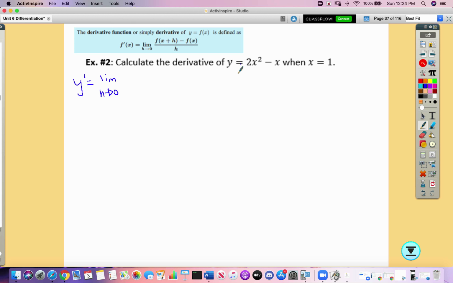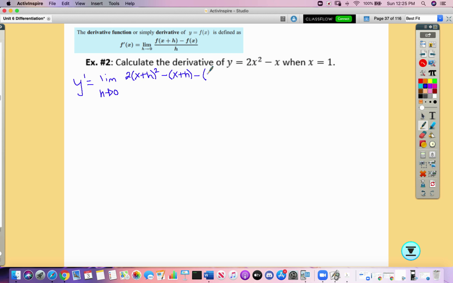So I'm going to substitute in x plus h everywhere I see an x in this function, and it's going to be crazy. So I got 2 times (x plus h) squared, minus (x plus h), right? Everywhere we see an x, we're going to put x plus h. Then you're going to subtract the whole entire original function.